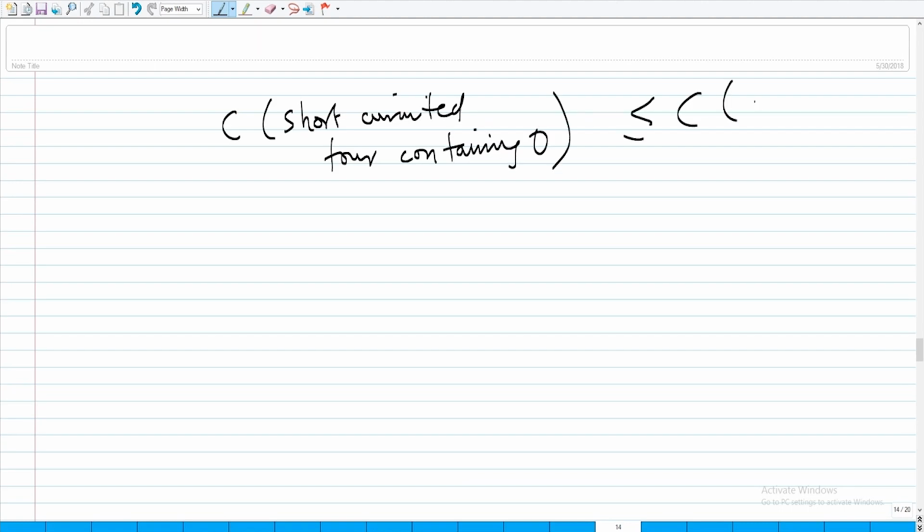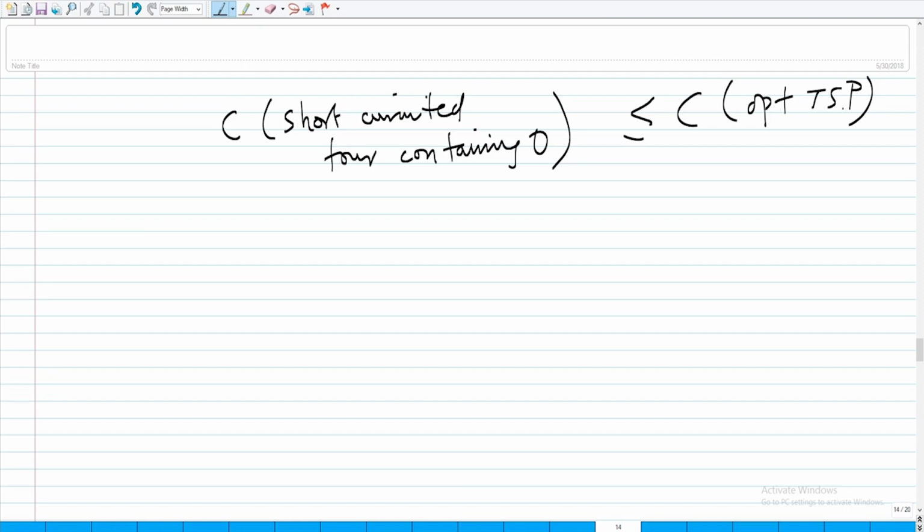Now, this cost of the short circuited tour containing only O is less than or equal to the cost of the optimum TSP, right? Why? Triangle inequality again. One more line, we are done.